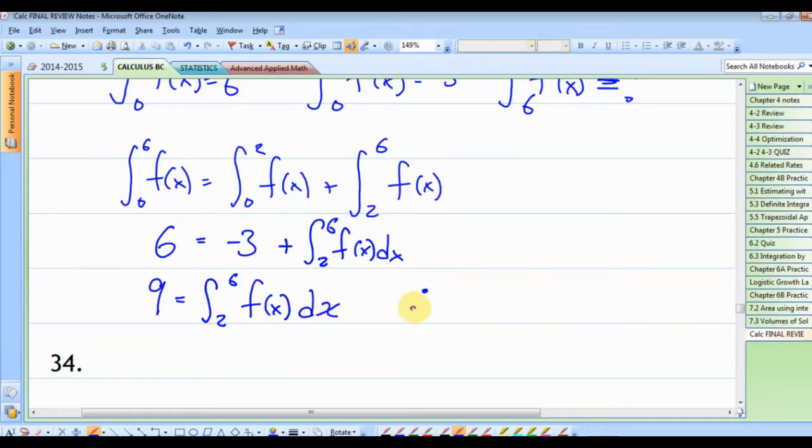Therefore, the integral from 6 to 2 is going to be equal to -9, because if 2 to 6 is +9, 6 to 2 is -9.